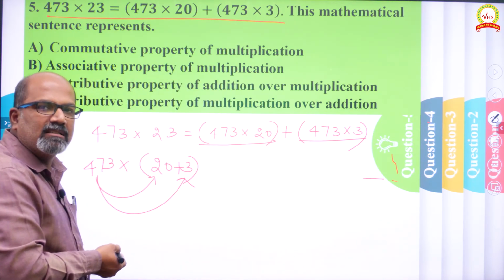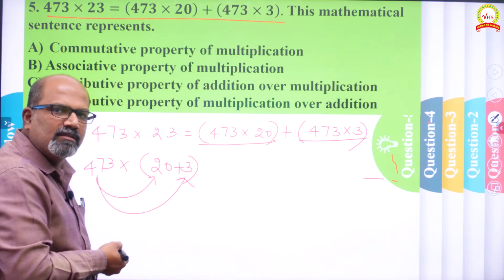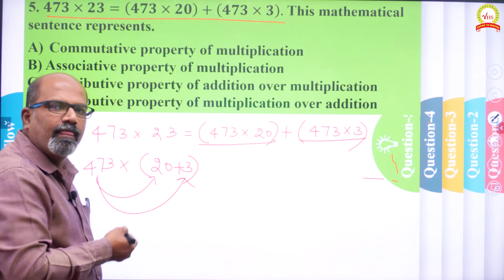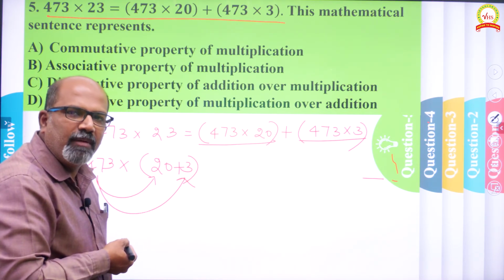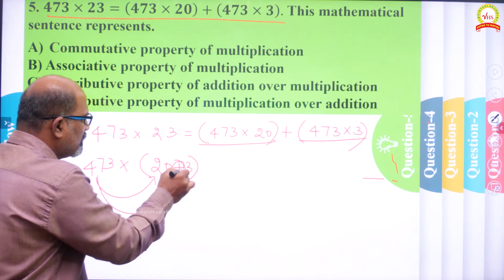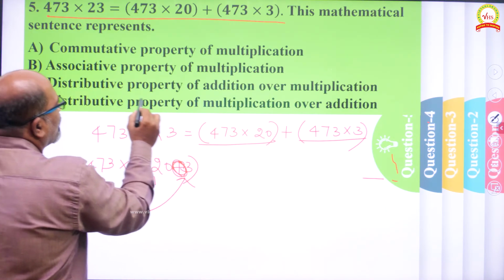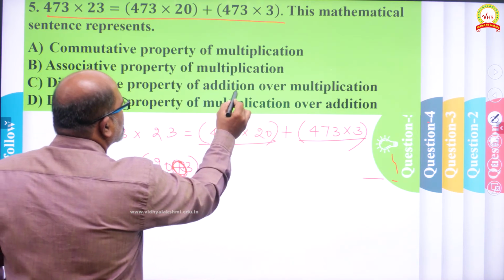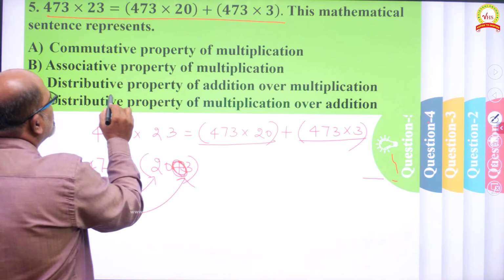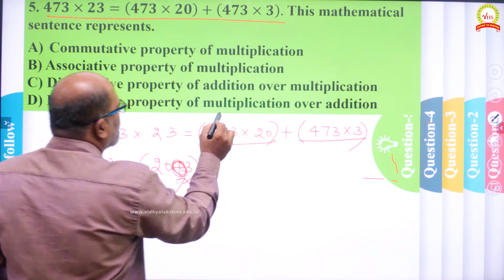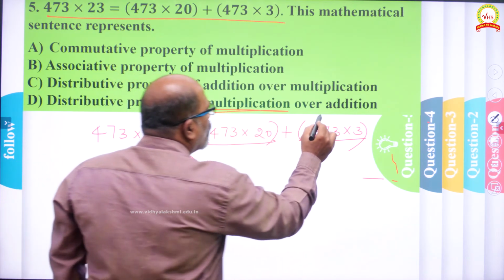So what is this called? Yes, exactly. Distributive property of multiplication over addition. Not option C. Distributive property of multiplication over addition.